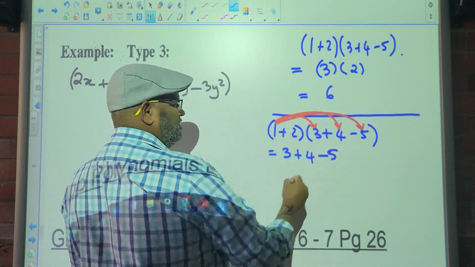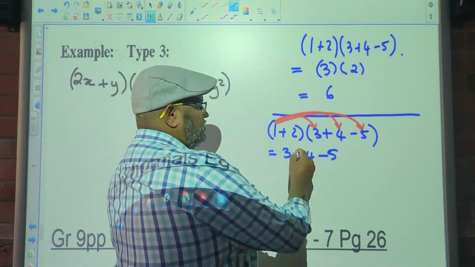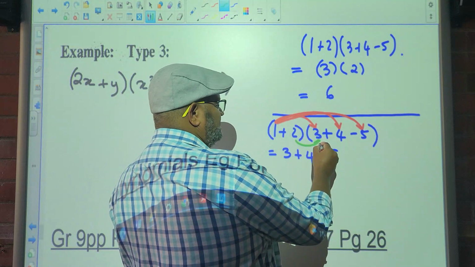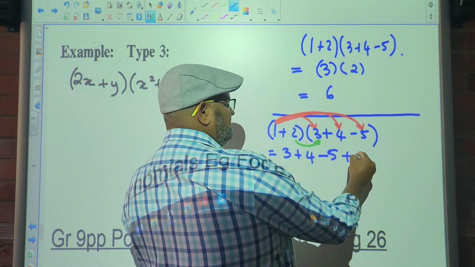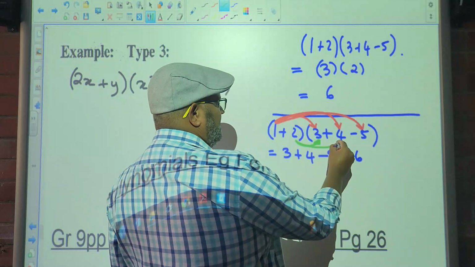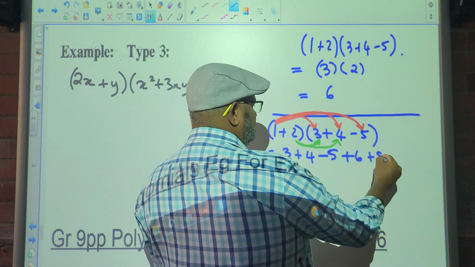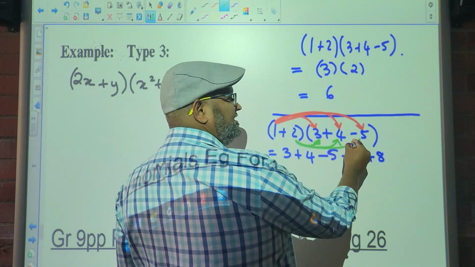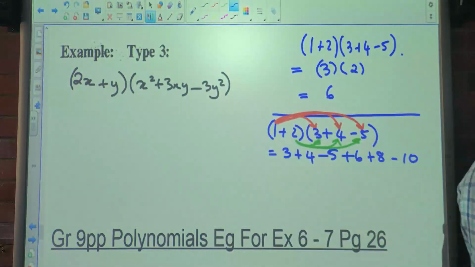Negative 5. You all agree with that? Alright. Now, 2 multiplied by 3 is? 6. Positive and negative? Positive. 2 multiplied by 4 is? Positive 8. 2 multiplied by negative 5 is? Negative 10. Don't you guys agree?